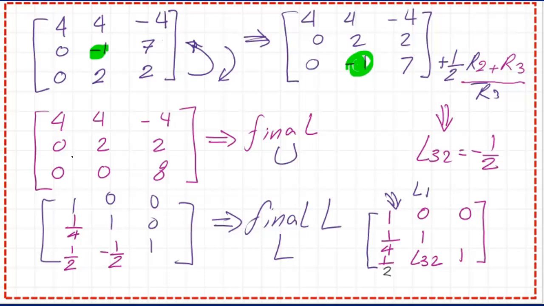In the next slide, we have 4, 4, minus 4, 0, minus 1, 7, 0, 2, 2 prior to the swap. Once we swap, it will be written like that: 4, 4, minus 4, 0, 2, 2, 0, minus 1, 7. Based on that, we have replaced the second row by the third row.